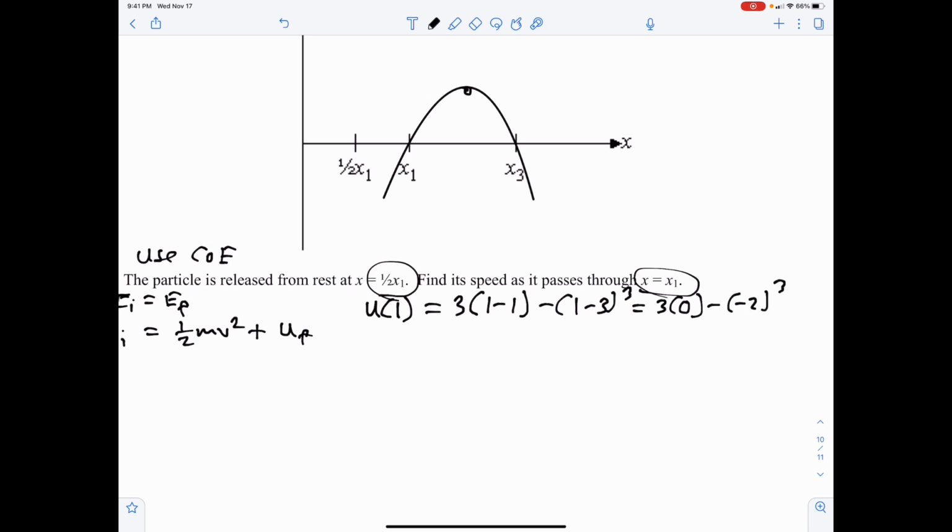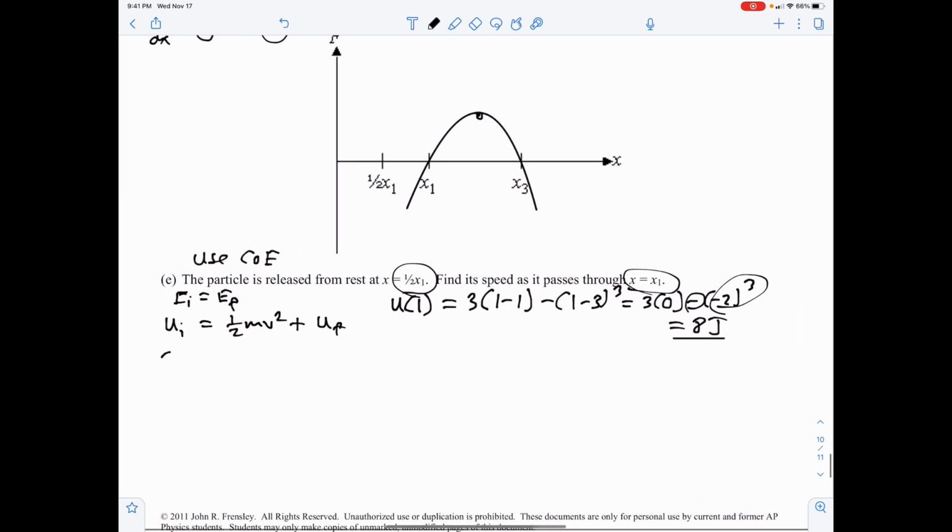And then we have -8, times negative would be +8 joules. So that's going to be 8 joules associated there. So we have 8 joules equals 1/2 mv squared plus, now we need to evaluate through x1.